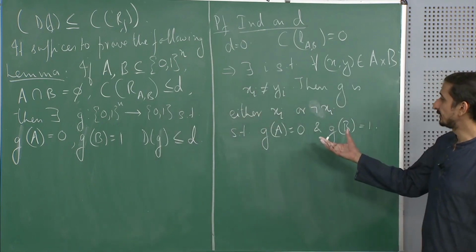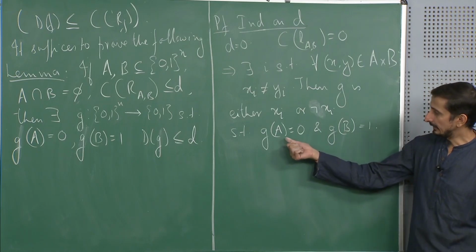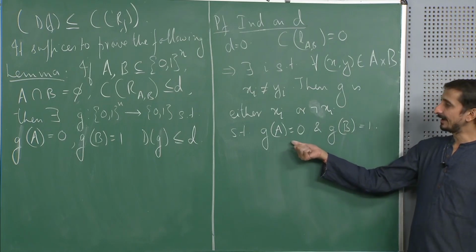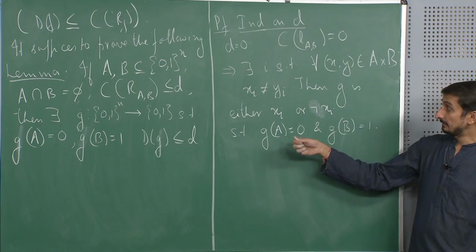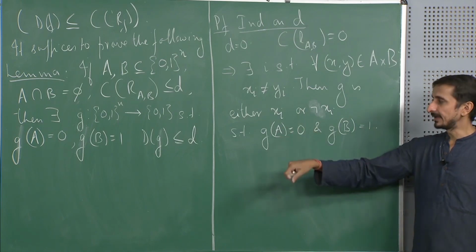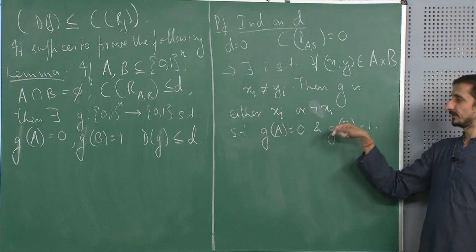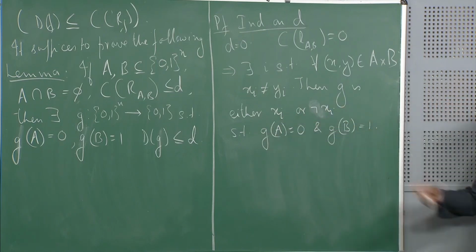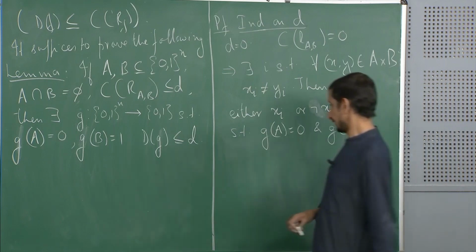Whatever it is, if the elements in A have it as xi, then it will be xi, and if the elements in A have it as a not of xi, then it will be not of xi, whatever it is.